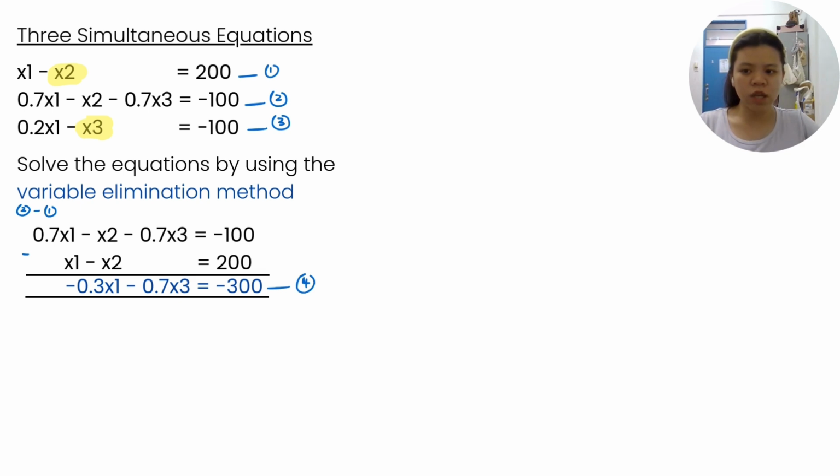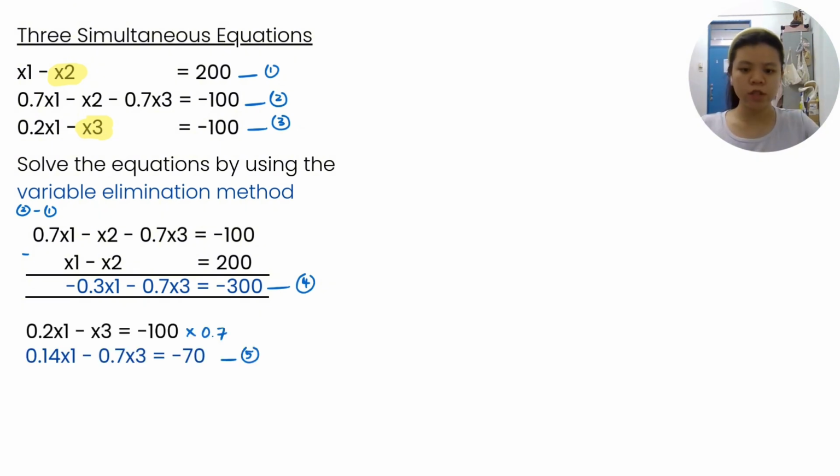After that, let us eliminate x3, and we are going to make x3 the same number in equation 3 and equation 4. Now I will use 0.2x1 minus x3 equals negative 100 multiplied by 0.7 to make the x3 become 0.7x3. And we will get 0.14x1 minus 0.7x3 equals negative 70.